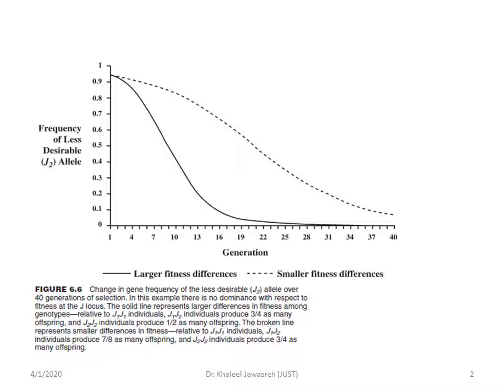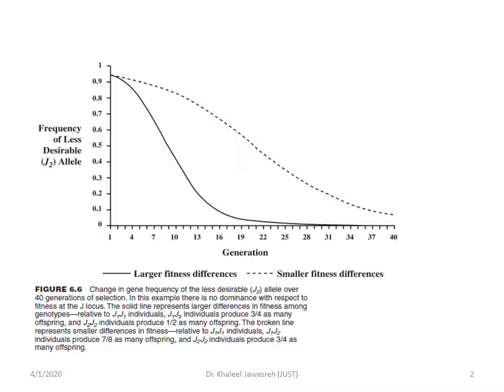As you see, the solid line represents large differences in fitness among offspring. Relative to J1 individuals, J1J2 individuals produce three-quarters as many offspring, and J2 individuals produce half as many offspring.